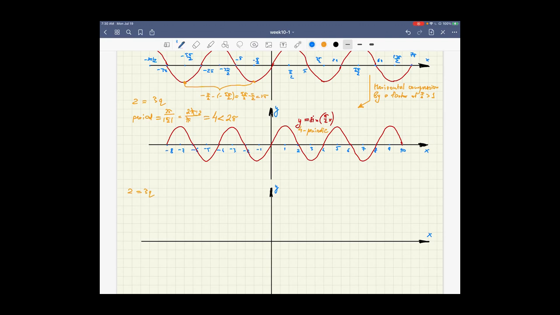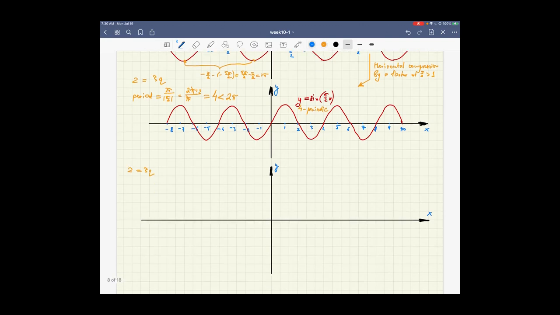So we will have 2, 4, 6, 8, and 10, and -2, -4, -6, -8, and accordingly 1, 3, 5, 7, and 9, and -1, -3, -5, -7, and -9.